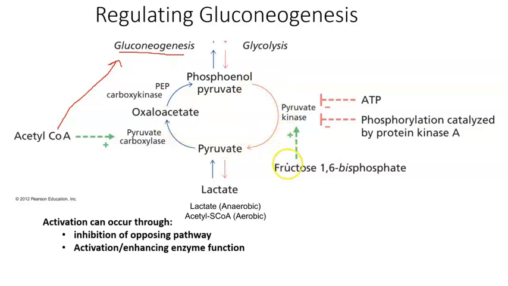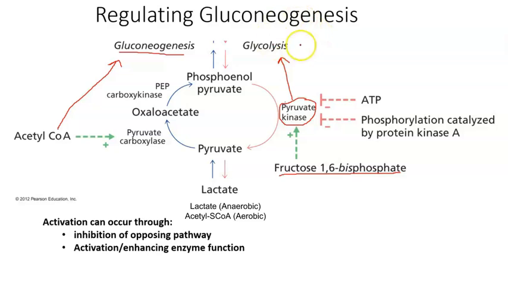On the other end of things, if we have a lot of fructose 1,6-bisphosphate, that is actually a reactant upstream of glycolysis. So if we activate the pyruvate kinase, we're actually going to activate glycolysis as well.